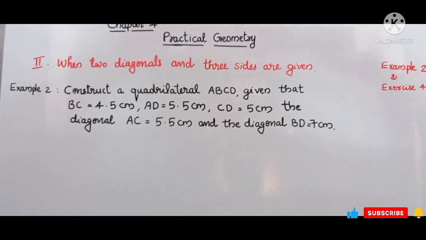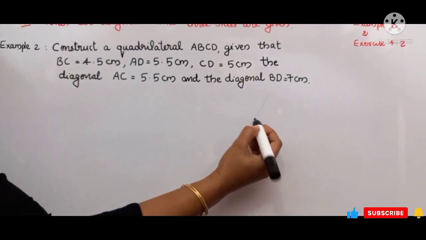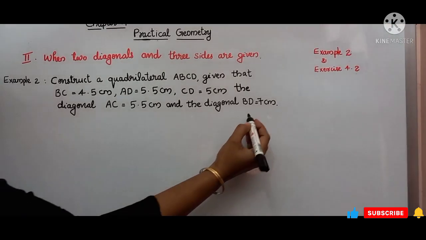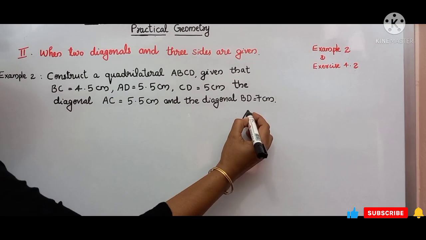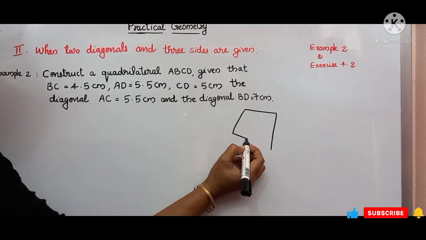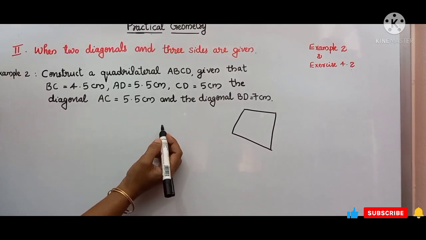First we have to draw a rough sketch for visualizing our original figure. When you are drawing that rough sketch, you can use a scale, and we just want to draw a quadrilateral. It is not related to the given measurements.